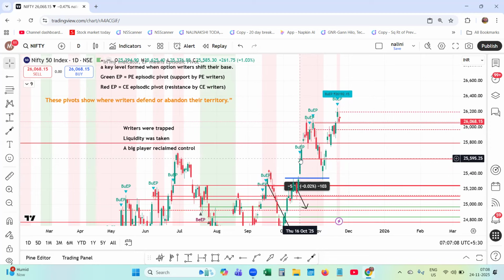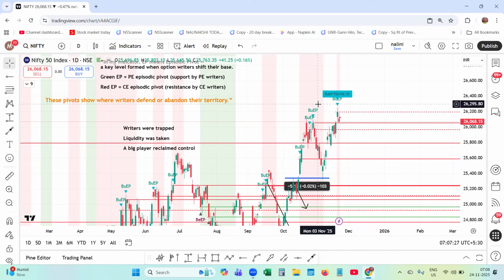So with this writer, one new episodic pivot has been formed. On this line, the episodic pivot writers have lost their control. That means they have abandoned this level, and the price has broken above this and moved here.